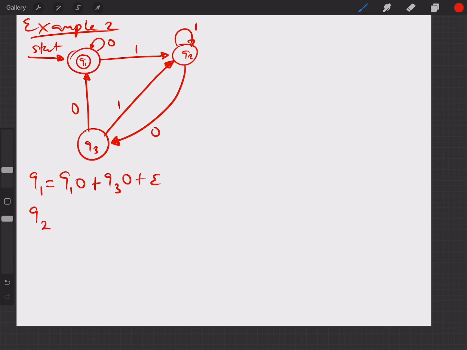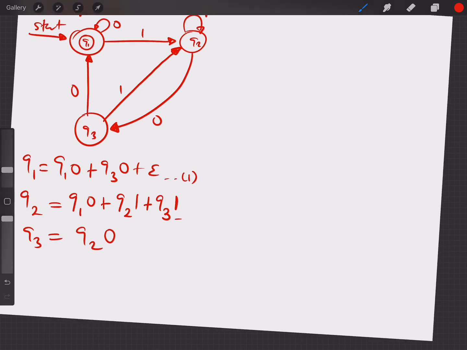Then Q2, which receives Q1 on 0, Q2 on 1, or Q3 on 1. Now Q3 only receives Q2 on 0. Let's label these 1, 2, and 3.